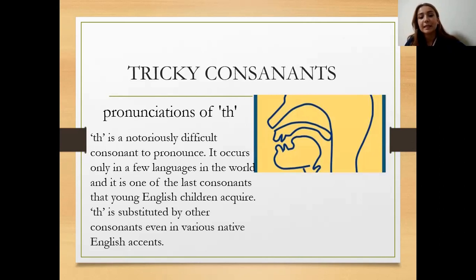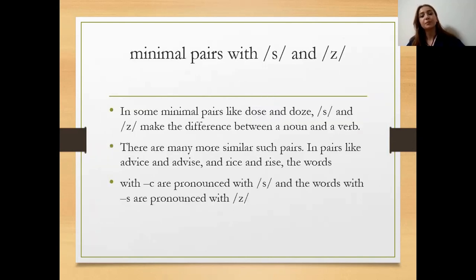The pronunciation of TH is a notoriously difficult consonant to pronounce. Yeah, I definitely agree. I still don't know how to pronounce it. It occurs only in a few languages in the world, and it's one of the last consonants that young English children acquire. It is substituted by other consonants, even in various native English accents. There are minimal pairs with S and Z, which make the difference between a noun and a verb. Sometimes it's really difficult to understand the difference.